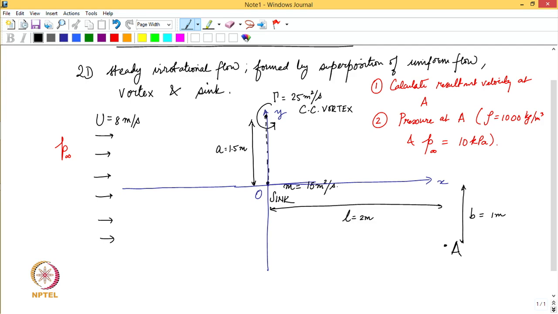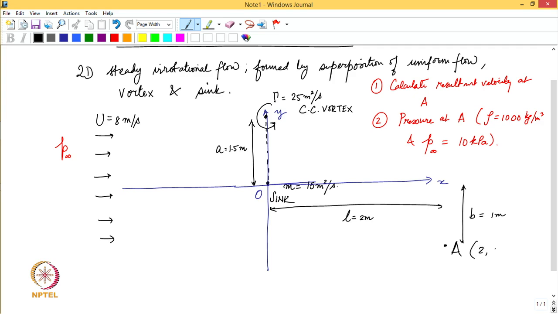I could even put the origin at the location where the vortex is located, the answer won't change. It is just a matter of convenience, because putting the origin at the sink ensures that the distance of point A, which is given with reference to the sink, is easily turned into coordinates of point A about the origin. So, what I am saying is that in this case now point A is at coordinates of 2 meters.